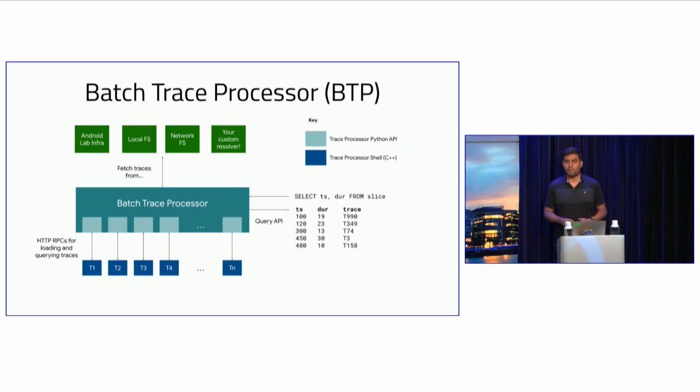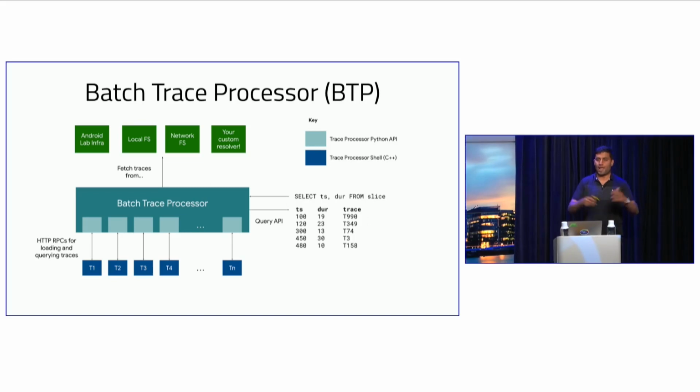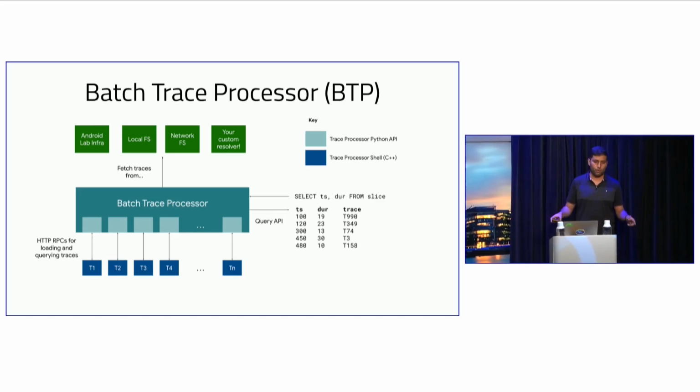The solution we came up with was a project called Batch Trace Processor, which, as I demonstrated earlier, is just a Trace Processor shell wrapped in a Python API, which is itself wrapped by Batch Trace Processor. The idea is that we load, let's say, 100 or 1,000 traces in memory in parallel, and when we write a query, we issue the same query to all 1,000 traces, and then we aggregate the results into a table that you can analyze.